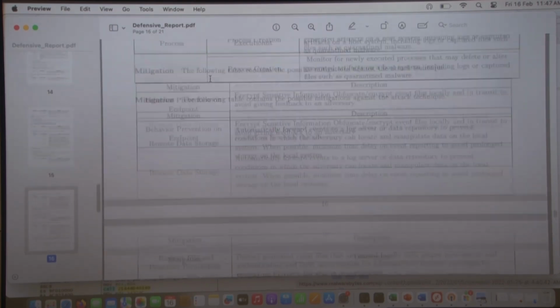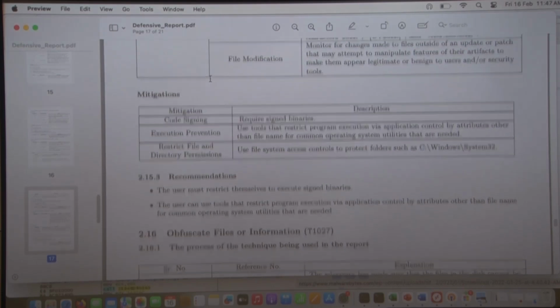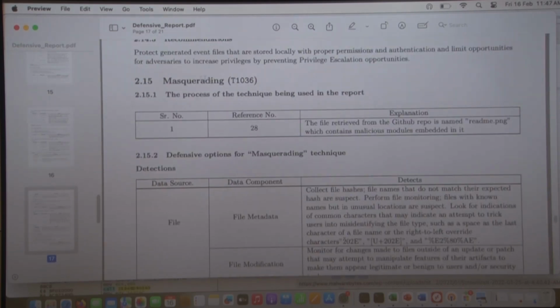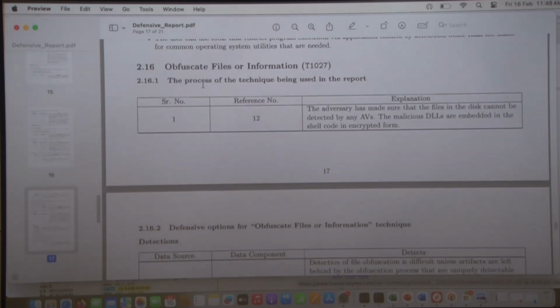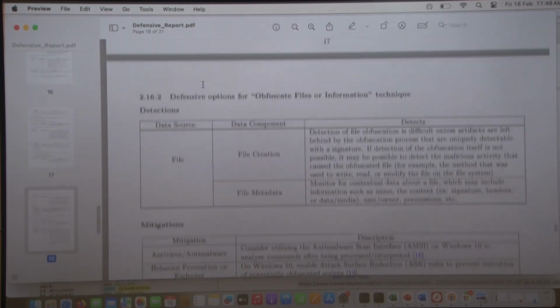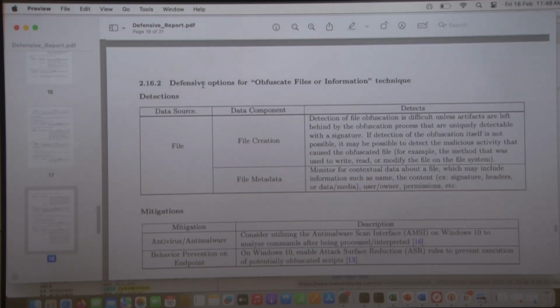For this case, just to remind you, we mapped it to masquerading because they masqueraded the attachment as a job advertisement from Lockheed Martin company.